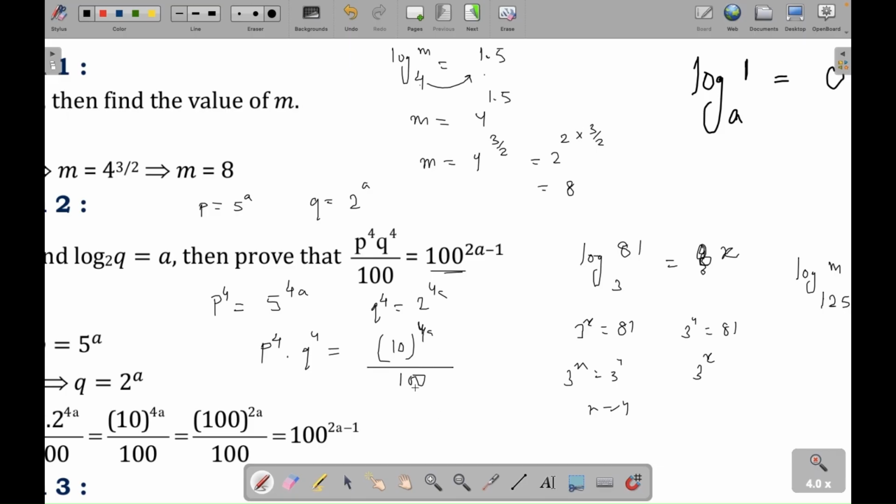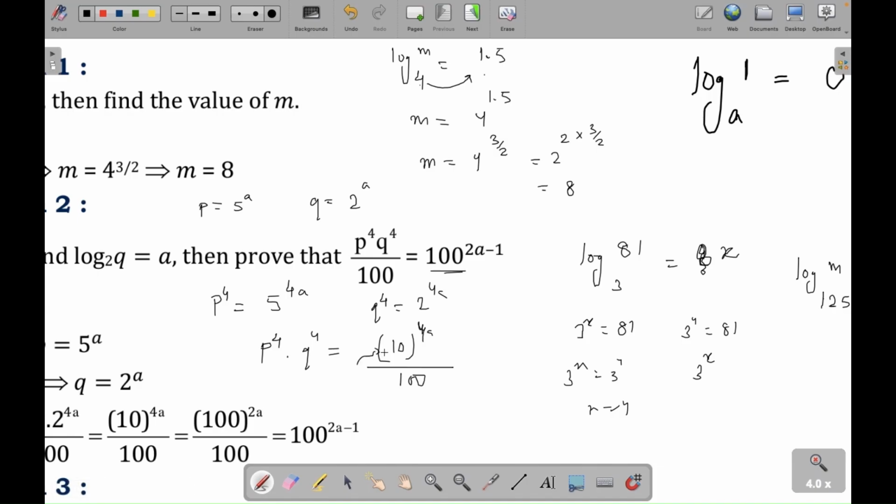If you write 100 as 10 square, this will make your answer in terms of 10, not 100. You want your answer to be in terms of 100. So instead of making this in terms of 10, you have to make this in terms of 100.